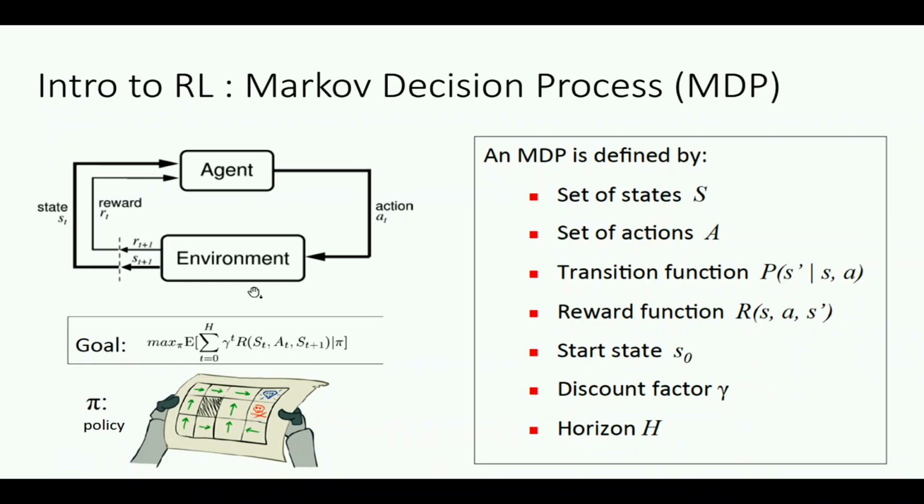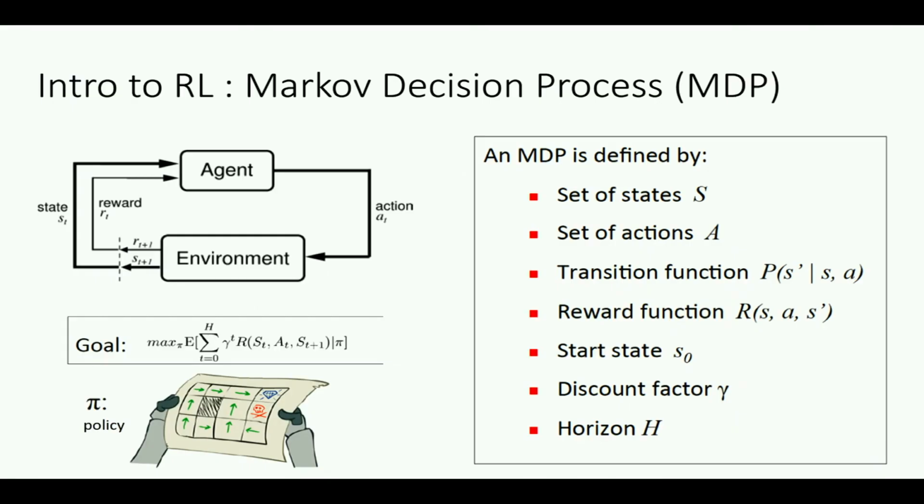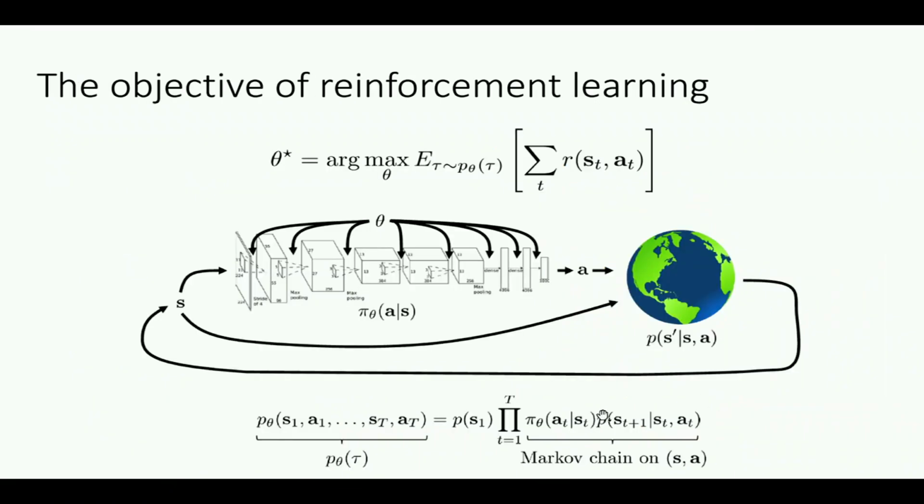The overall goal of RL is to come up with the best possible policy, which is a probability over what action you roll out at each time, such that the expected reward you get from this environment is maximized. So in this Markov decision process, what Markov means is basically you're assuming that you roll out a sequence of actions, and the transition of the state only depends on the previous state and the action you roll out.